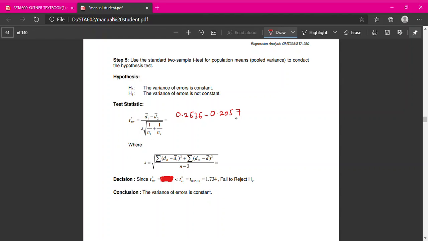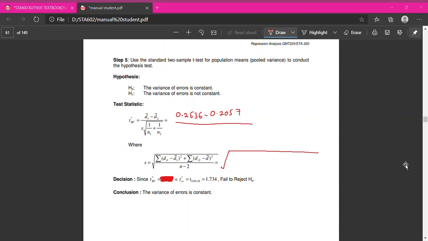Okay, divide dengan, yes, kita tak kira lagi value of S tadi. Kena kira dulu value of S. Okay, summation of D1 minus D1 bar square adalah 0.2154.